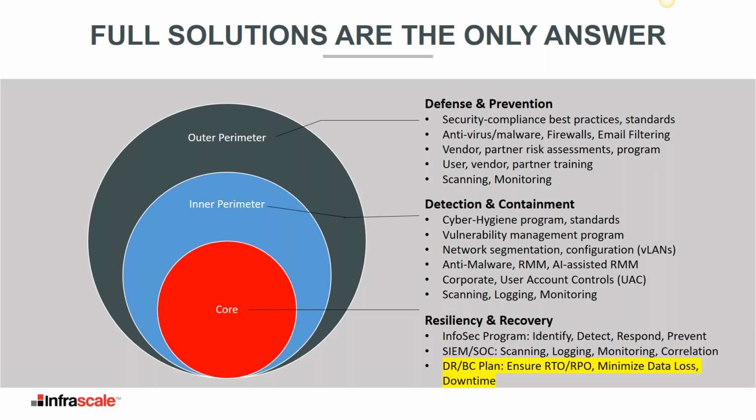Your ability to recover is going to determine how smooth it is when you regain operations and how much damage you incur. So you would start from bottom to top in this graphic. You get a backup and DR solution in place, then start putting some inner and outer perimeter security solutions in place. And once you get to a good baseline, then you can layer on top of it as you see fit. But there is a baseline, and the e-security team is going to give you their guidance on how to get there.